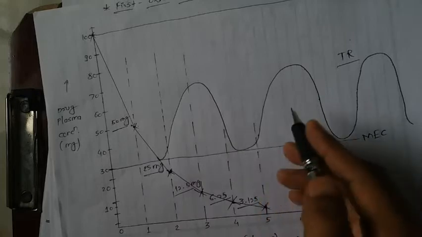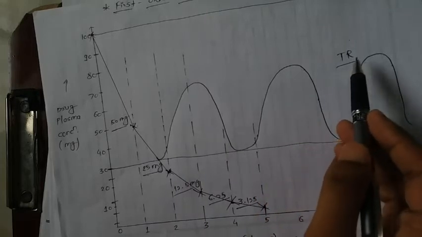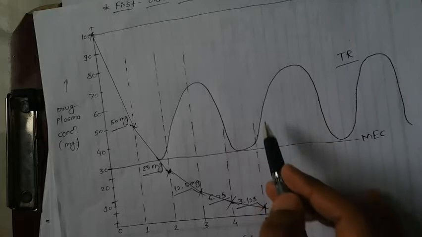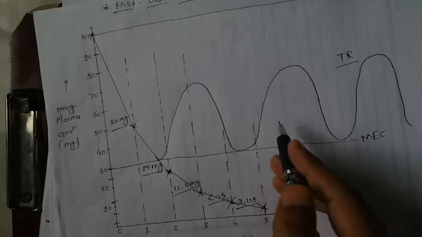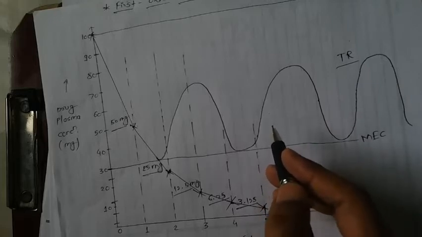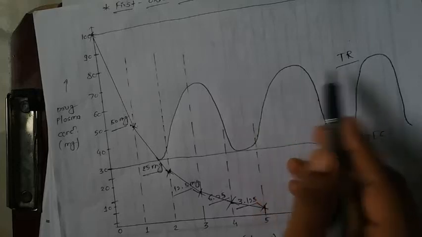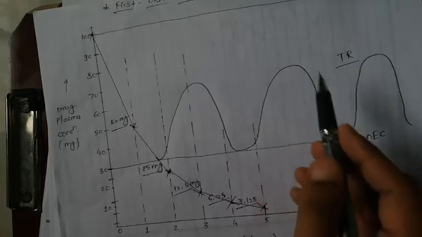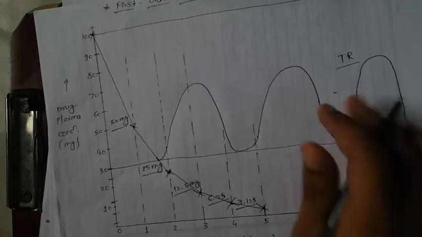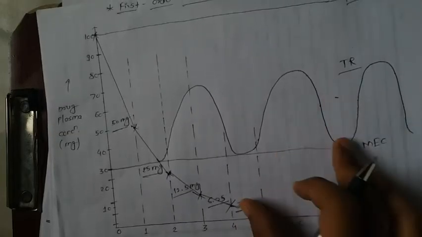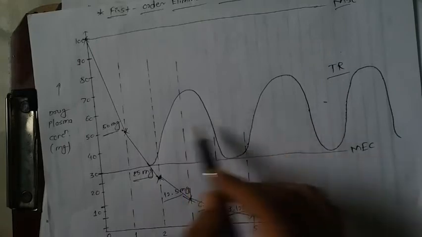To obtain the drug concentration in the therapeutic range is very important for treatment of infectious diseases. So when we give antibiotics, the concentration of the drug should be in the therapeutic range to kill the bacteria. So this is maintenance doses.